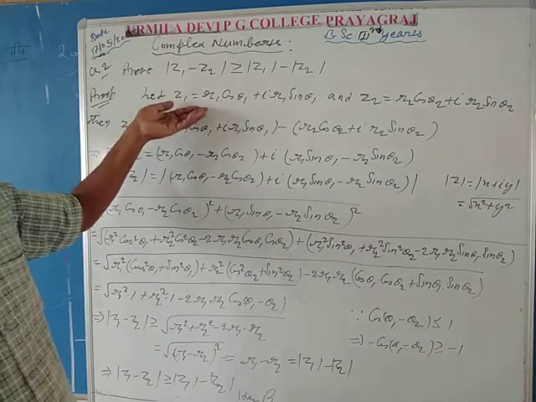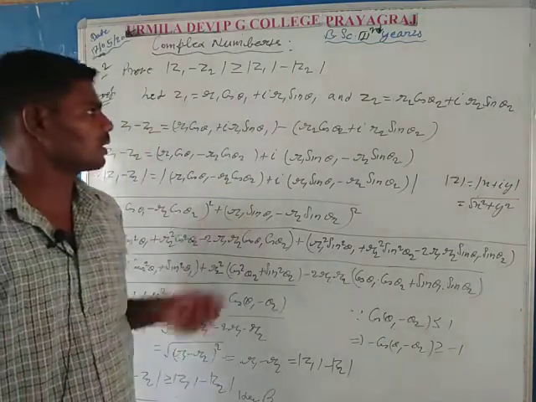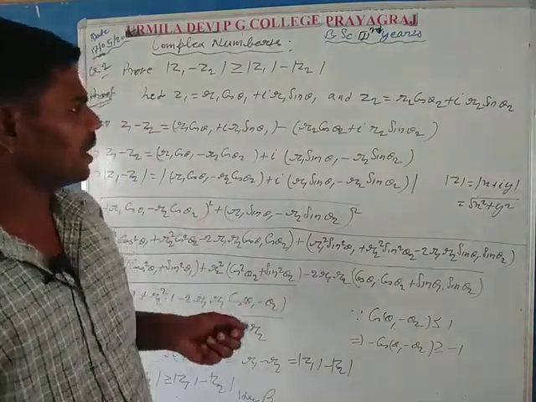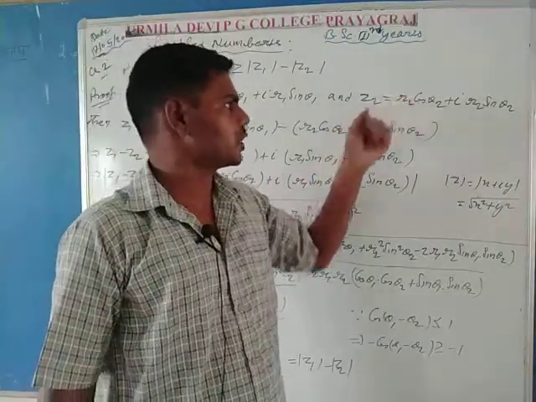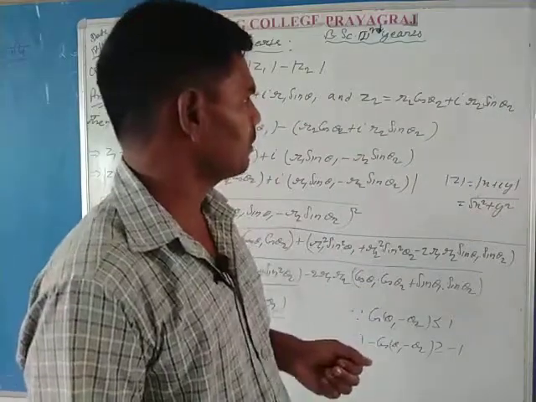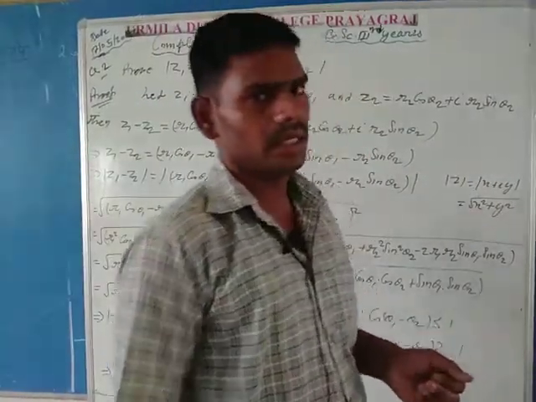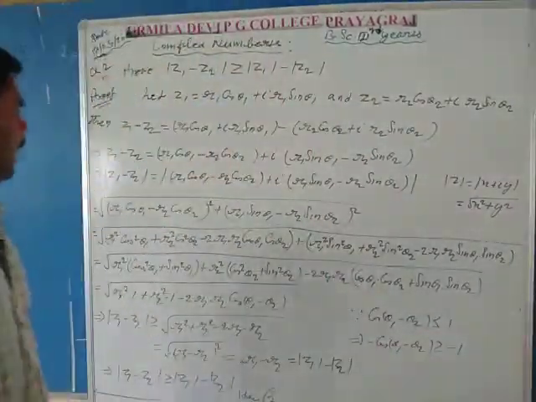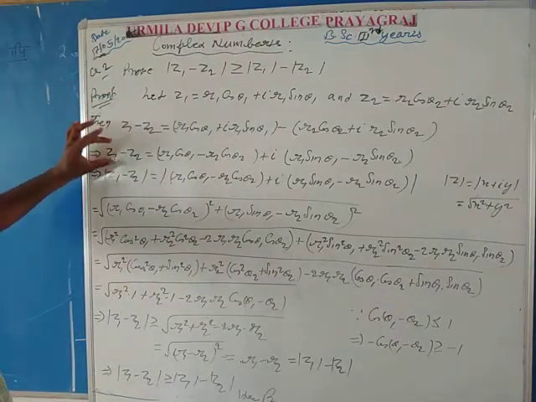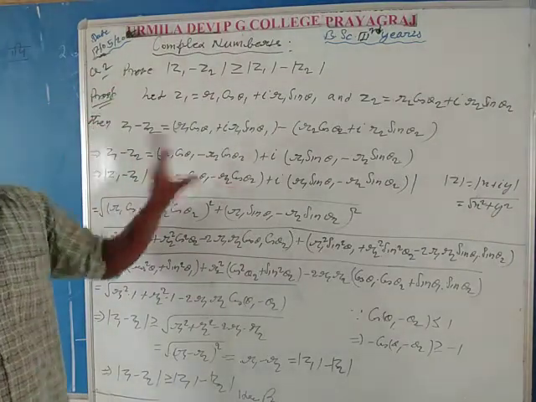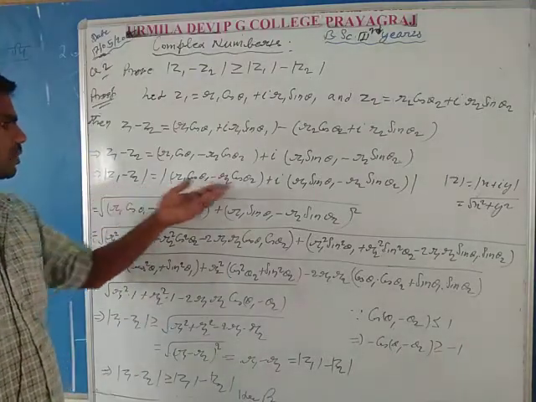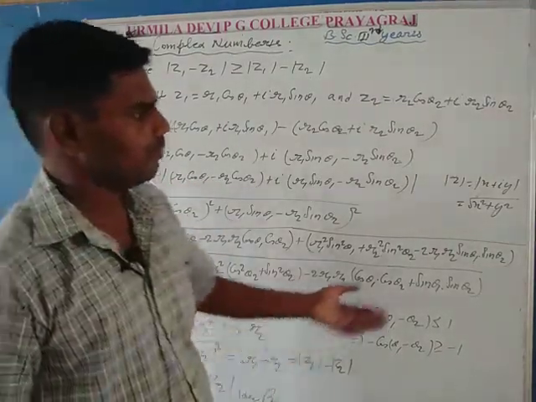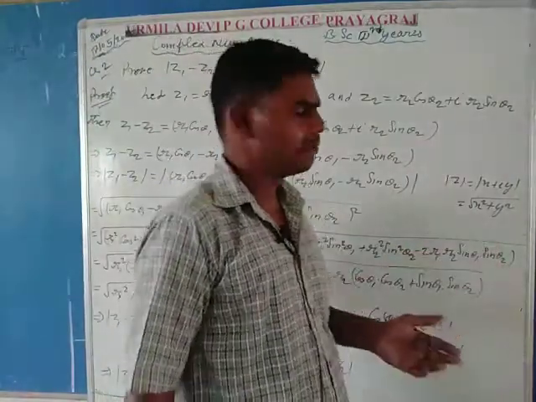First, putting the value of the complex number z1 = r1 cos θ1 + i·r1 sin θ1, and the second complex number z2 = r2 cos θ2 + i·r2 sin θ2. First find the value of z1 − z2 by subtraction of the complex numbers, and now take the modulus on both sides using the modulus rule of any complex number.